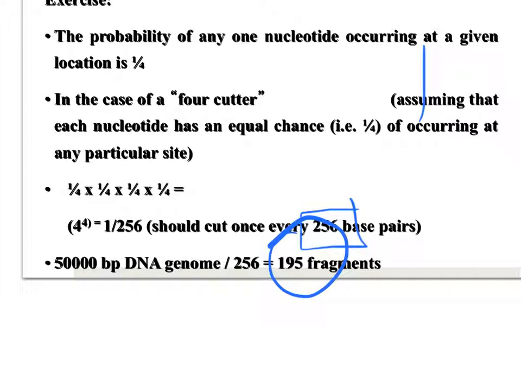So we had to consider that size and maybe try a rare cutter. I know they published it in a good journal afterward, and they were able to develop a PFGE method. The key thing I want to say is that you have to have that information, your recognition sequence, its length, and then the genome size, to be able to predict how many fragments you get for your genome.